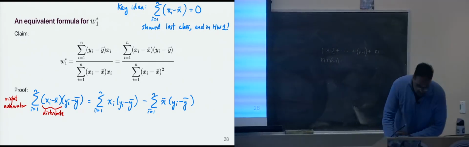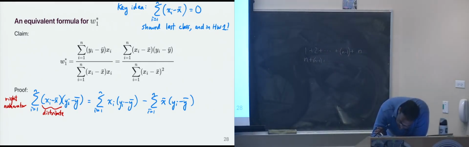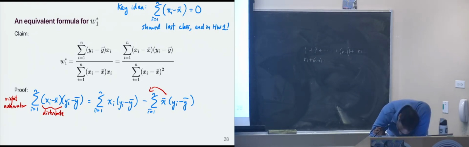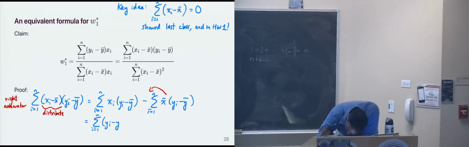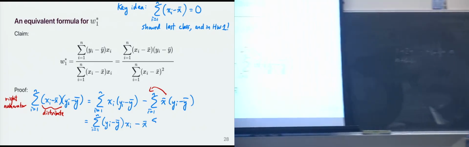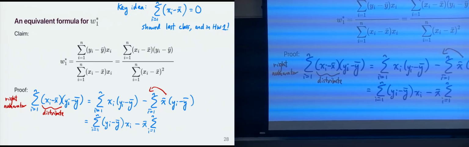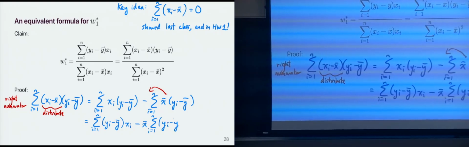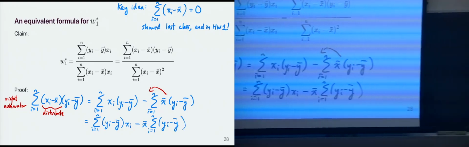All right. Now, x bar, that's a constant. I can take that out here. And I can write this now as the sum of, I'm going to change the order a little, yi minus y bar times xi minus x bar times the sum of deviations for y.